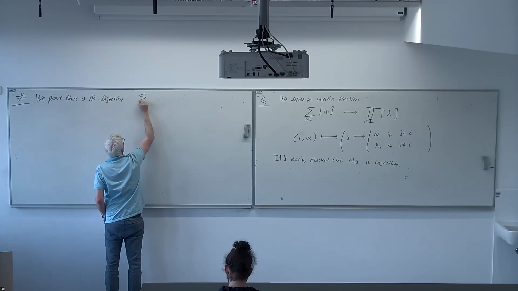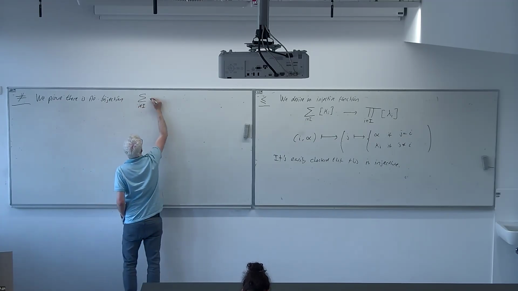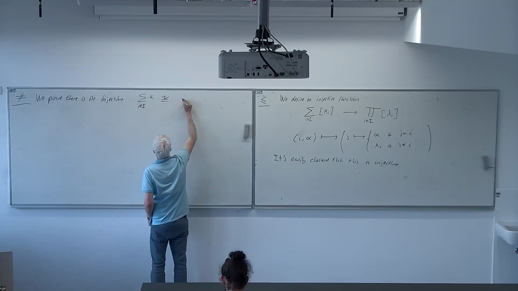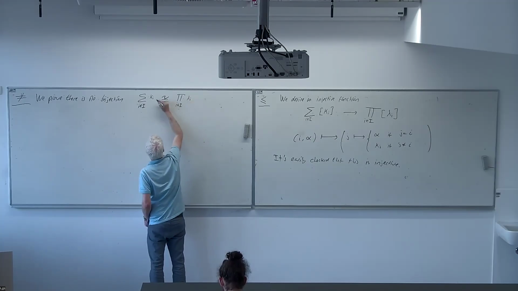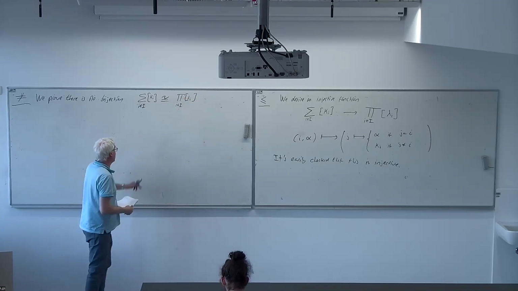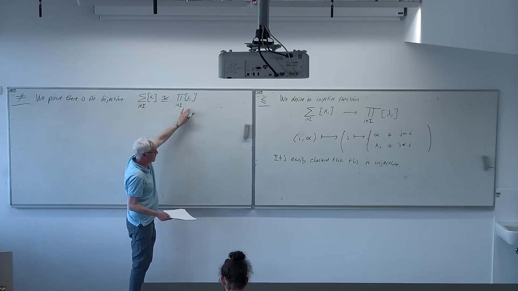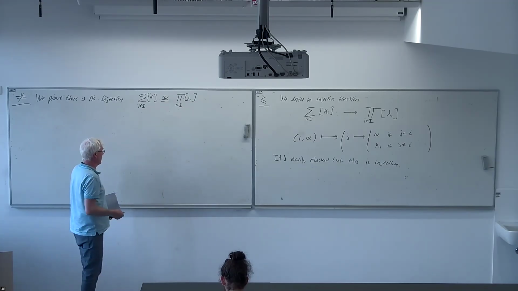from the sum to the product. Sorry, we're talking about the sets here, so I'll make it the index sum of the sets of ordinals strictly less than kappa_i, and the index product of the sets of ordinals strictly less than lambda_i.